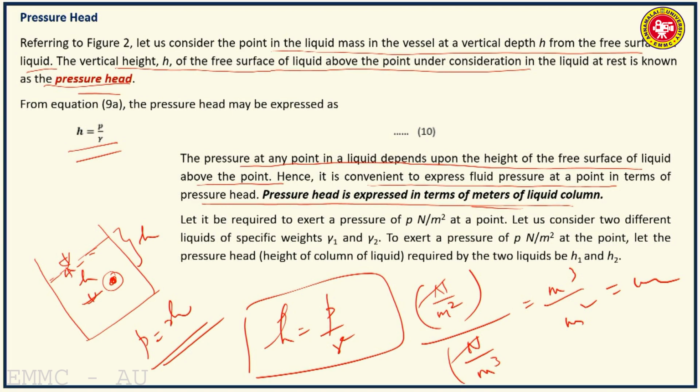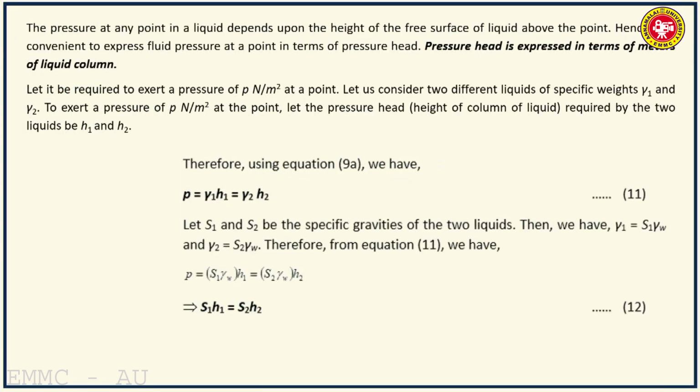If you consider two different liquids of specific weights gamma 1 and gamma 2, to exert a pressure of P Newton per meter square at the point, let the pressure head or height of column of liquid required by the two liquids be H1 and H2. So, this I will explain.